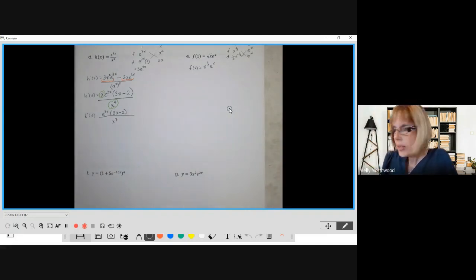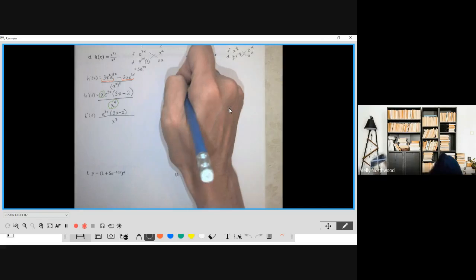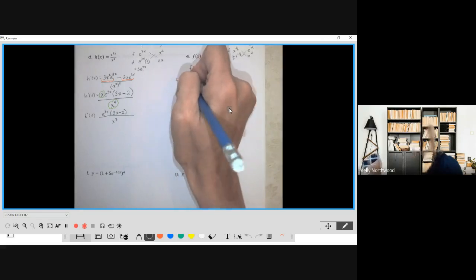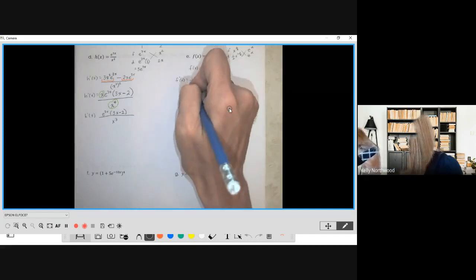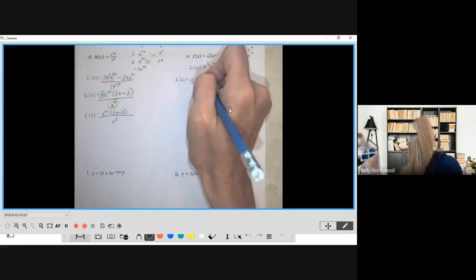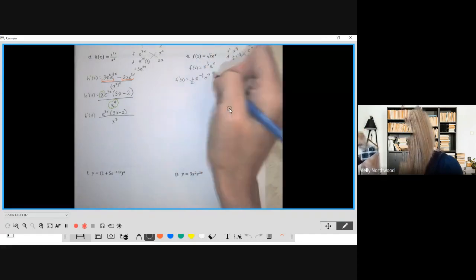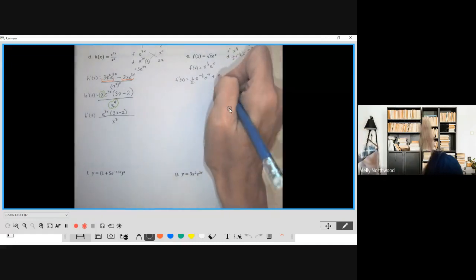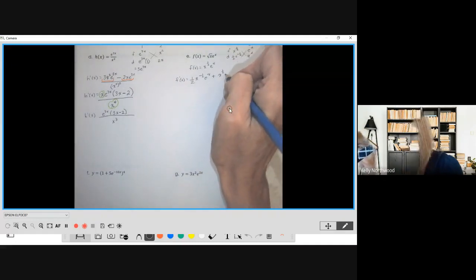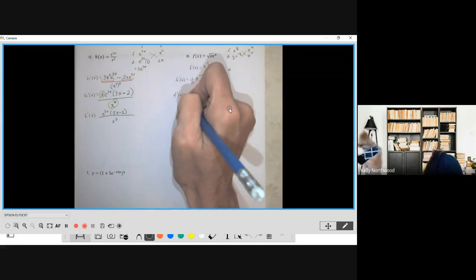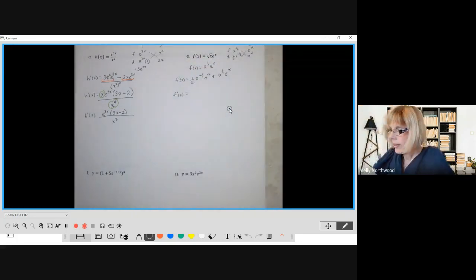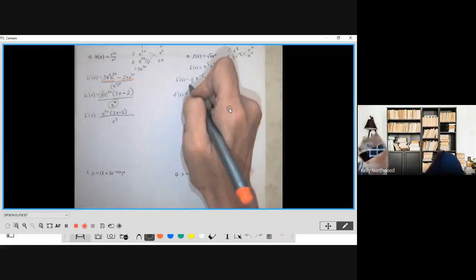And it's the product rule. So f prime of x is going to be the derivative of the first times the second, plus the first times the derivative of the second. And then I'm looking at these.